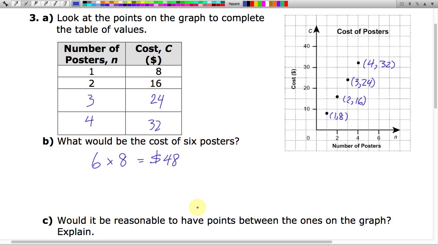Now, the next thing we're looking at here in part C, it's asking, would it be reasonable to have points in between the ones on the graph, and explain?